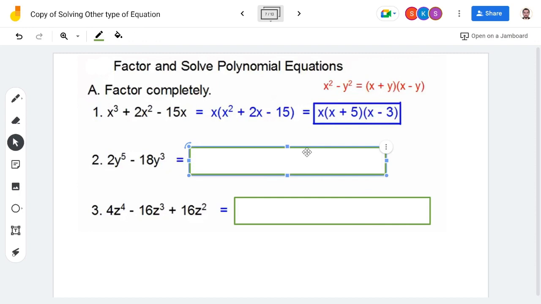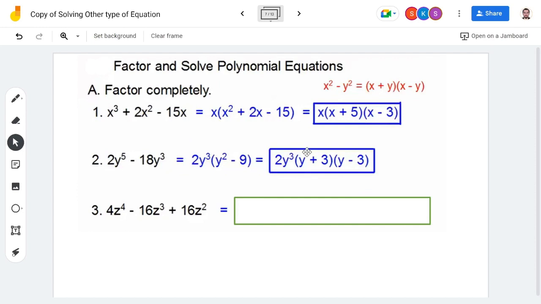What's the common factor here? 2y to the power of 3. So it's equal to y squared minus 9. Then y squared minus y is this one: y plus 3 and y minus 1.